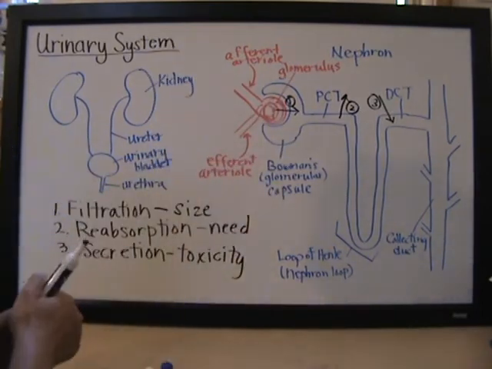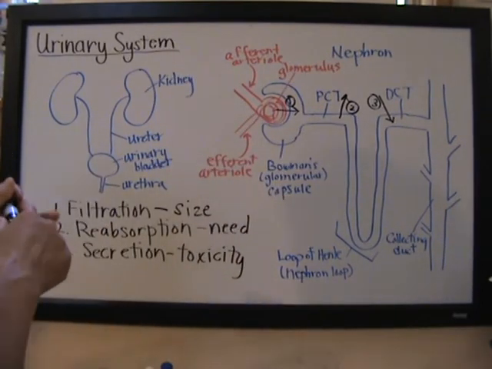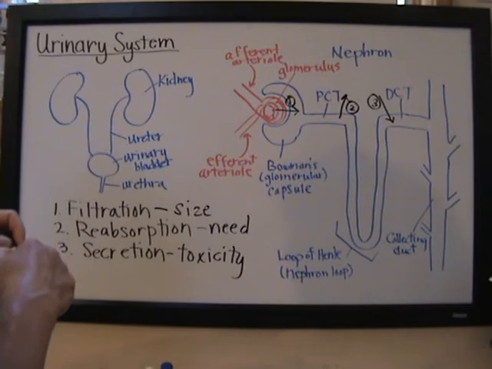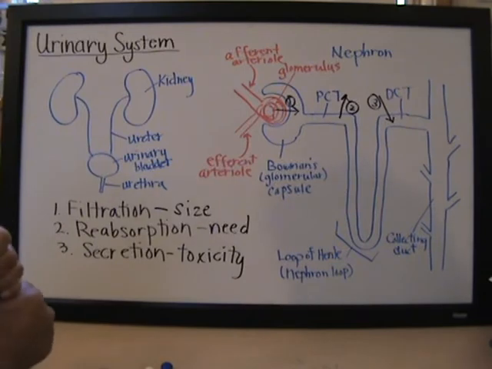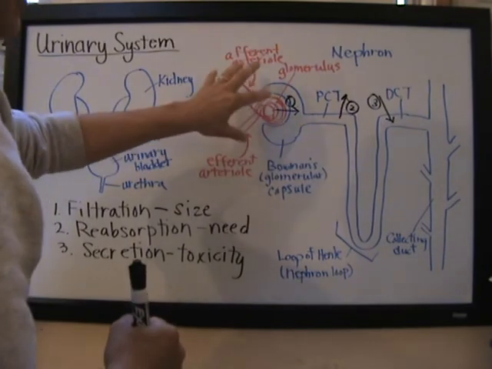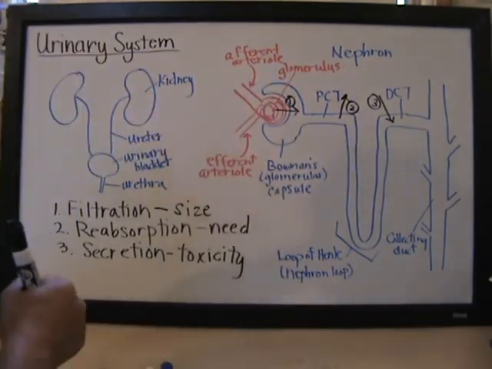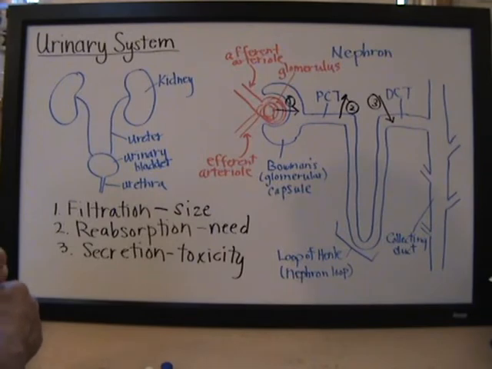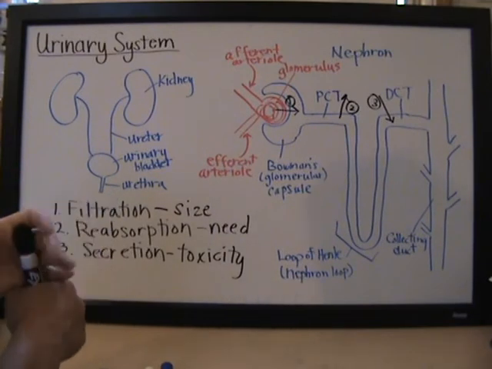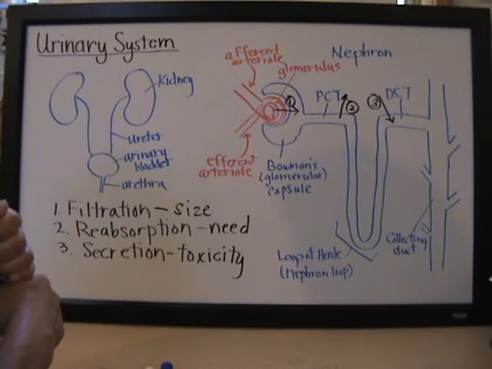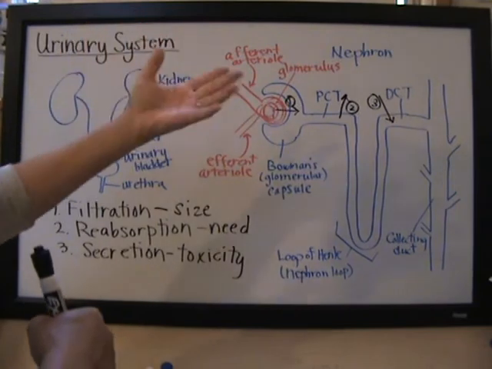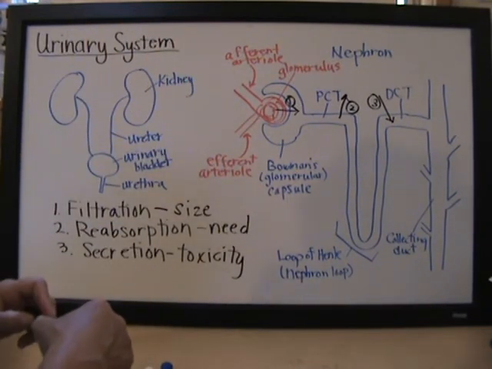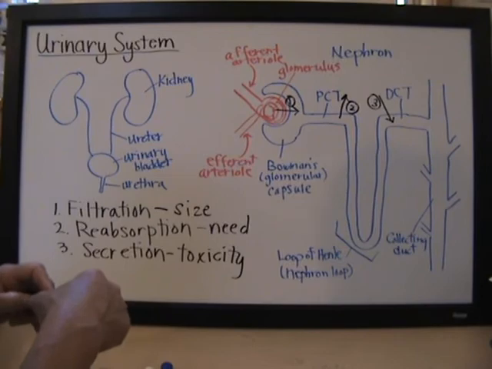Now, the nephron's an amazing structure. If we take a look at how much filtrate is produced in a day, it's like 180 liters. 180 liters of substances go from the blood into the nephron each day. And what that means, if our whole volume of blood is like 3 liters, is that in one day our whole volume of blood is filtered over 60 times, which is an incredible feat.